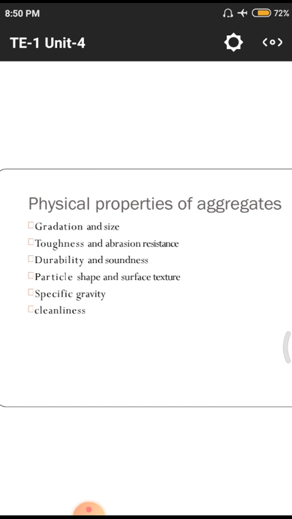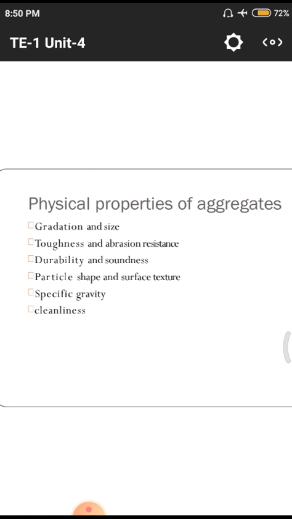Likewise, we need to take 4 weights: the first one is the empty weight, the second one is the aggregate, the third one is only water, the fourth one is water plus aggregate. We observe 4 readings. From those 4 readings, (W2 minus W1) divided by ((W2 minus W1) minus (W3 minus W4)) is the formula for calculation of specific gravity.